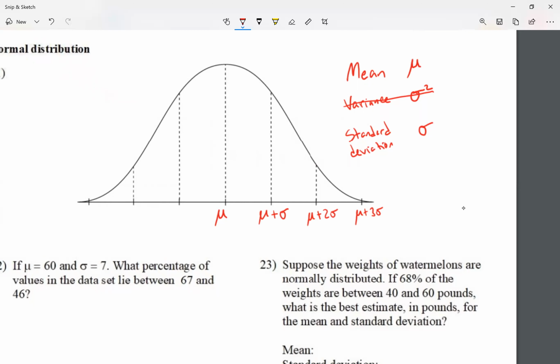Or I could extend it more, but I'm just going to leave it at 3 standard deviation. Now, to the left of the mean, I'm going to say this is the mean minus 1 standard deviation. Then I have the mean minus 2 standard deviation. And then we have the mean minus 3 standard deviation.